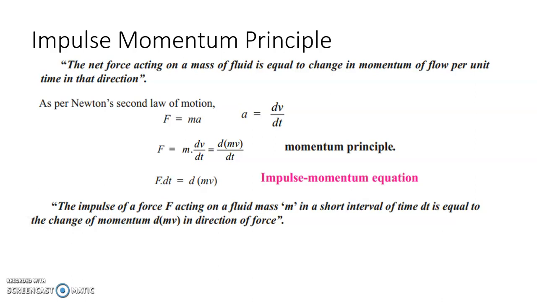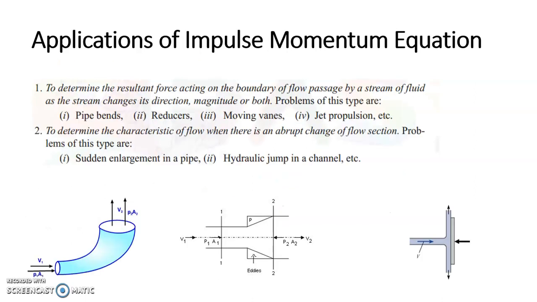Now, for hydrodynamic cases, such as the jet coming out of a nozzle, we highly consider this, and we try to calculate the impact or the force. So let us try to understand the applications of the impulse momentum equation. We have also used the impulse momentum equation in case of bends, if you remember.